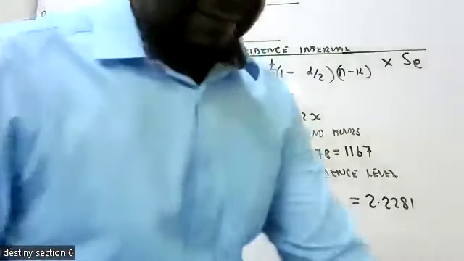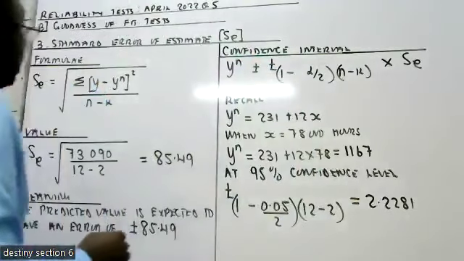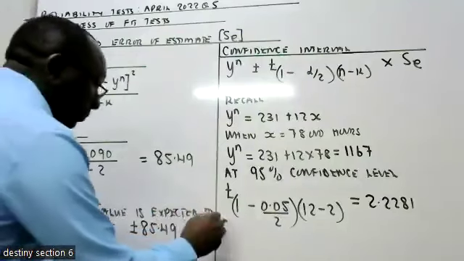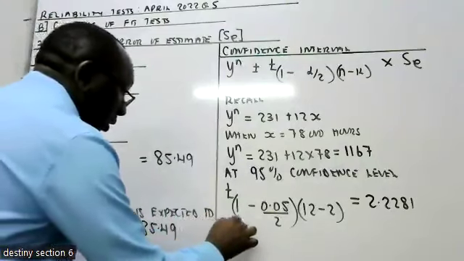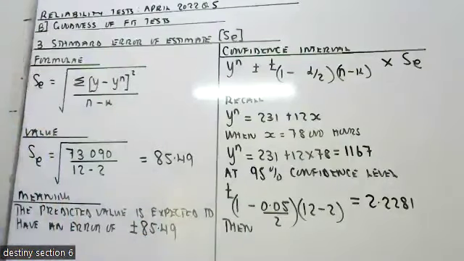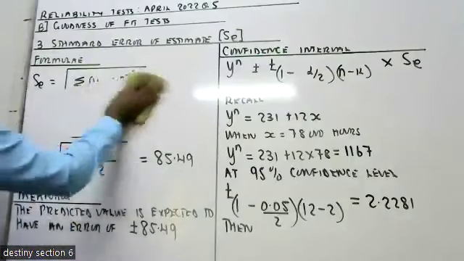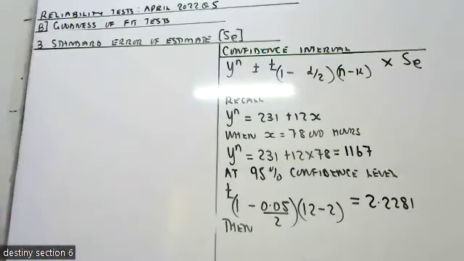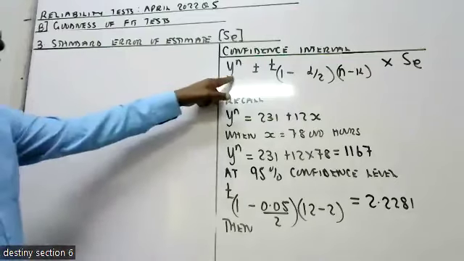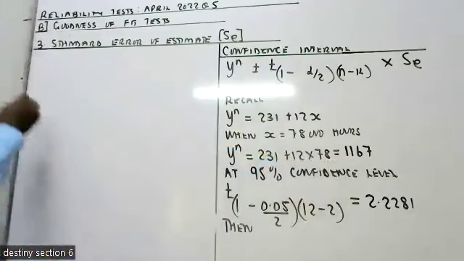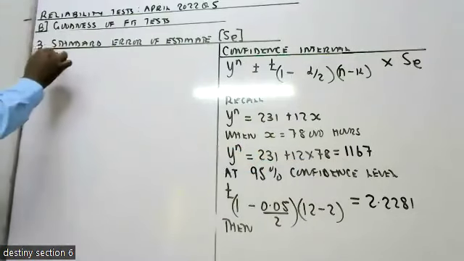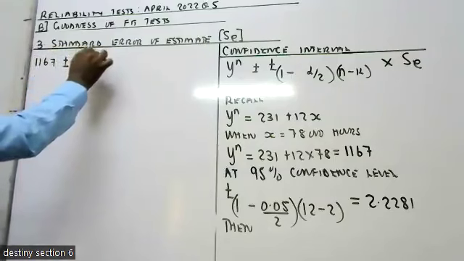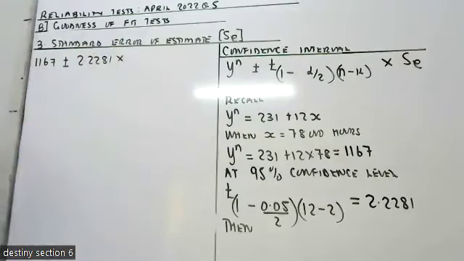So if that is what you are getting, then according to our formula here, we required the y predicted, which is 1167, plus or minus the value of t, which is 2.2281, multiplied by the standard error of estimate.